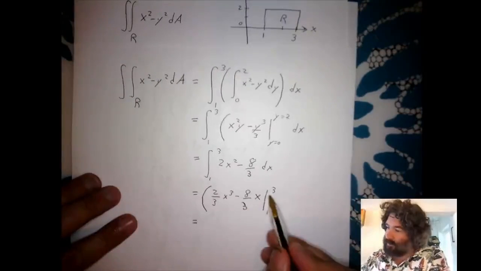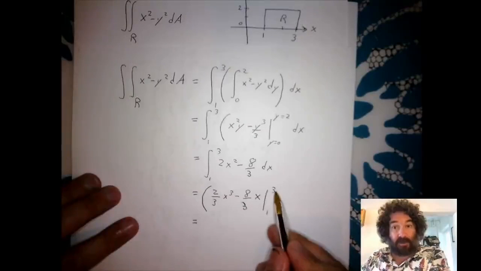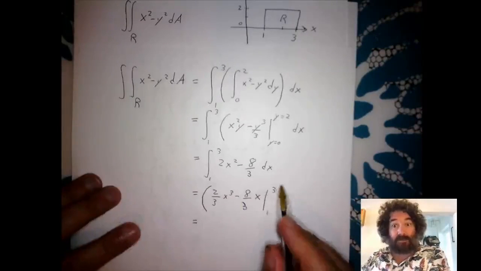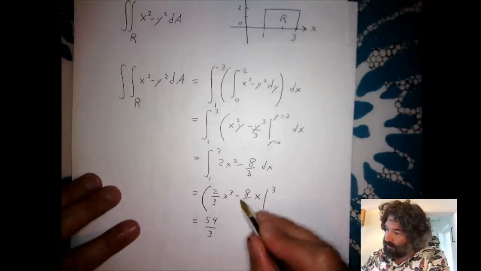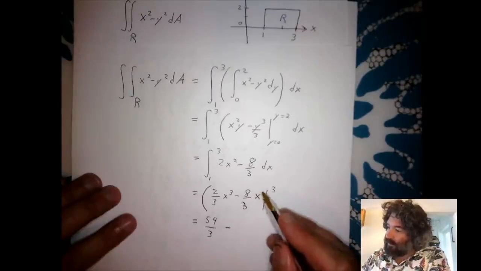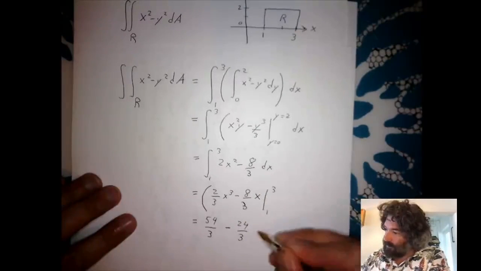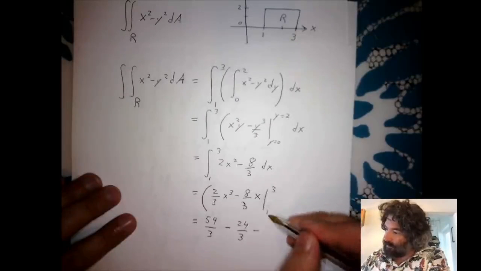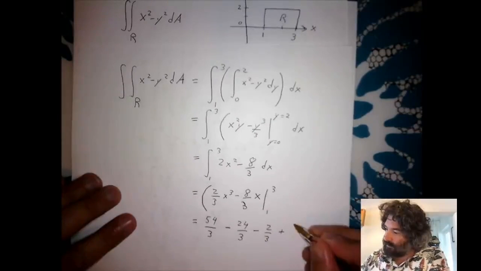Right, and so let's plug in x equals 3 and x equals 1. So 3 cubed is 27 times 2 is 54, so you have 54 thirds minus 3 times 8 is 24 thirds, minus 1 2/3 plus 8/3.